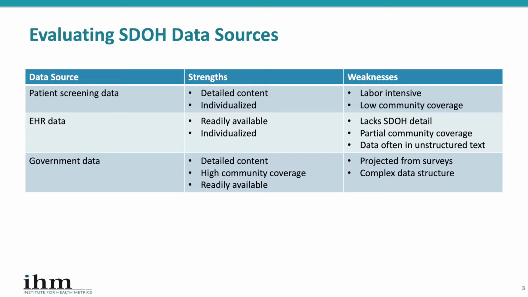Now, government data, this is data that is not just census data, which comes out every 10 years, but there are government surveys that happen on a yearly basis. This is very detailed and is projected. It's very good coverage around the country, actually. It's readily available.